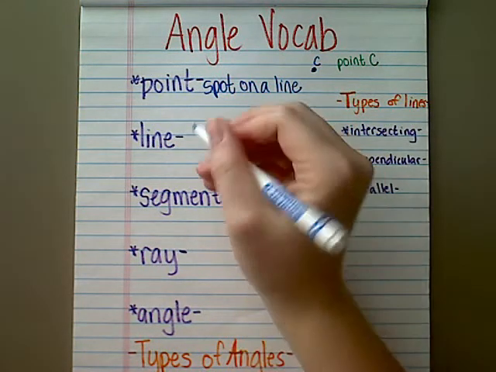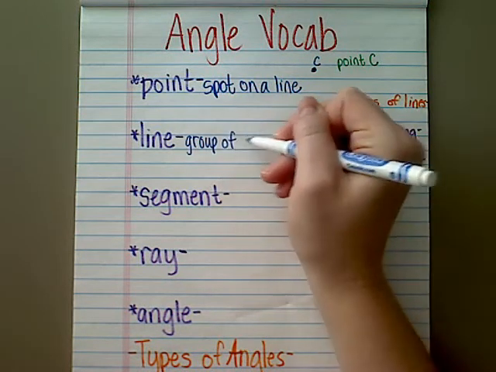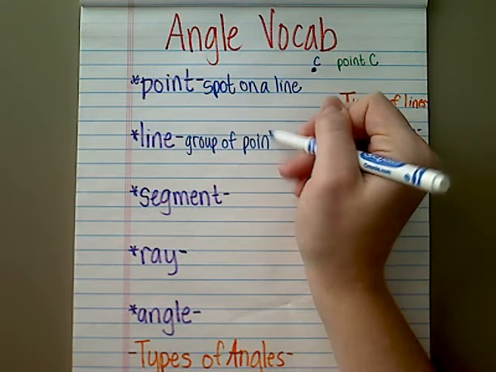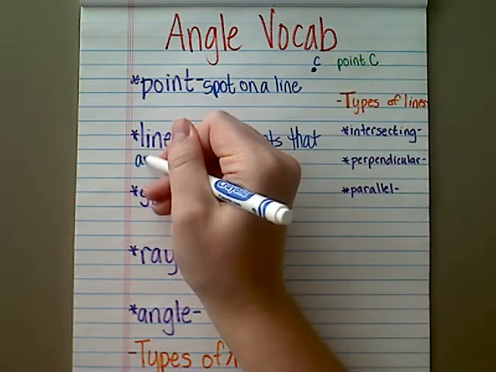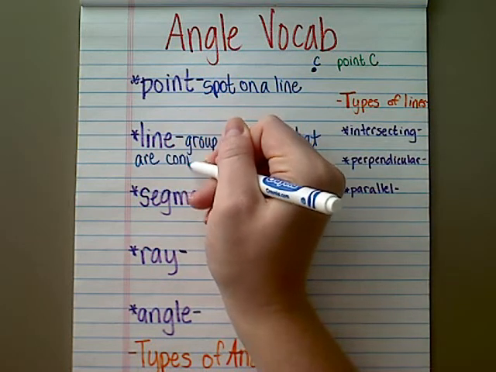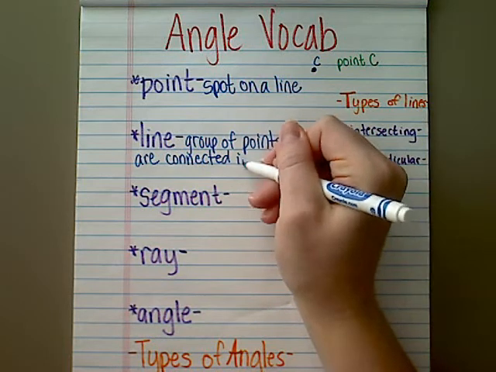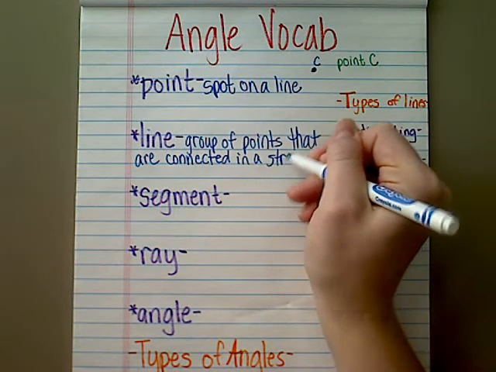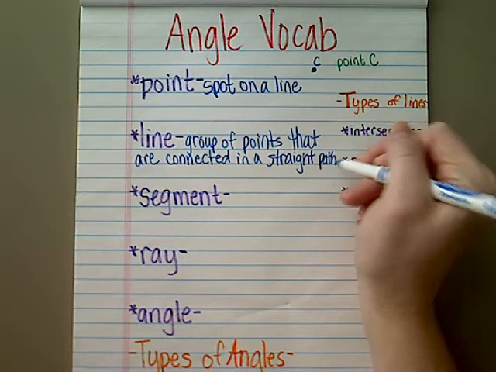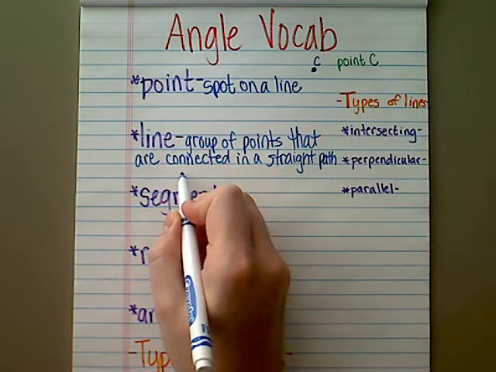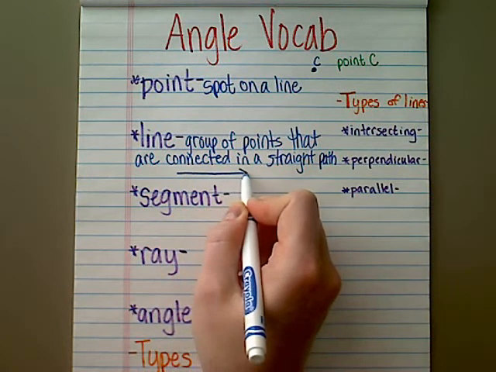A line is a group of points that are connected. And they are connected in a way that creates a straight path. So we could draw a line like this.